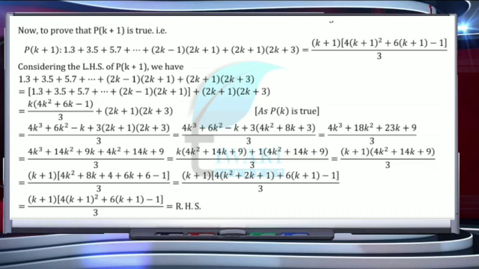So we find its factors, and it reduces to the same form as our RHS. So LHS is equal to RHS. This implies P(k + 1) is true, so hence P(n) is true for all natural numbers.